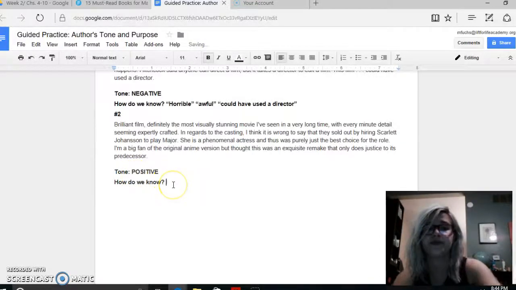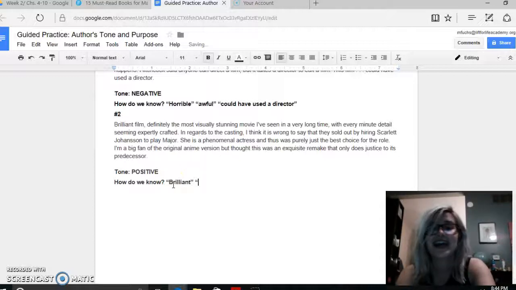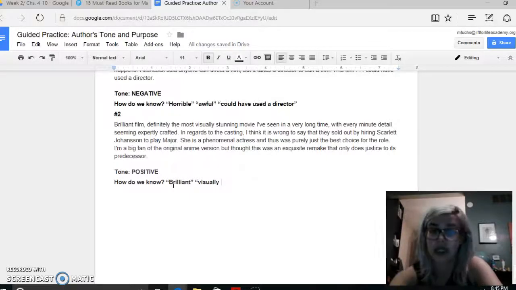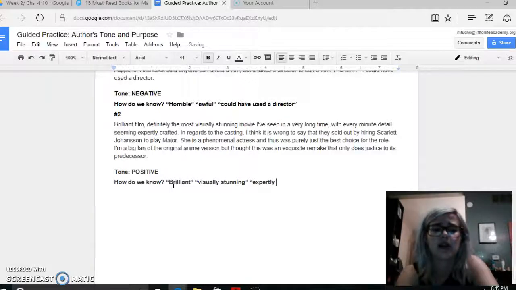And how do we know? We see words like brilliant, visually stunning, right? To be visually stunning is like beautiful effects, fantastic, incredible looking. Let's see, what else do we have? Oh, expertly crafted.